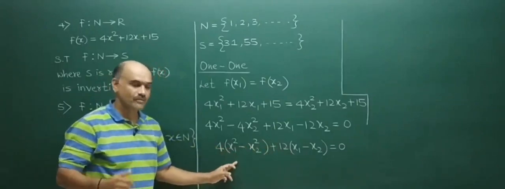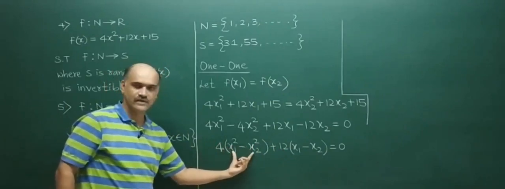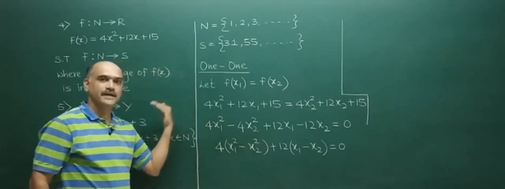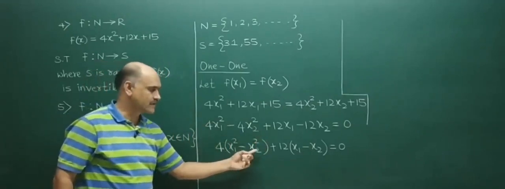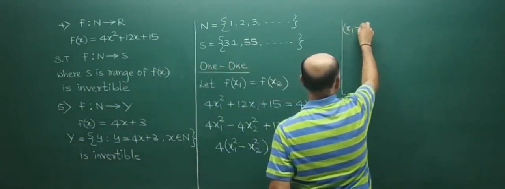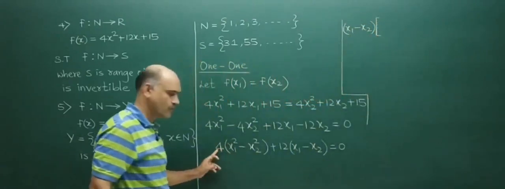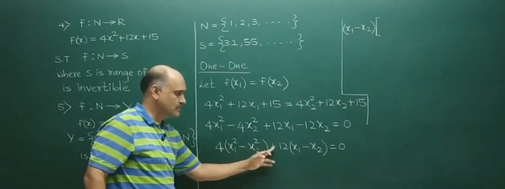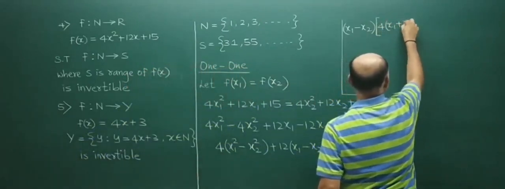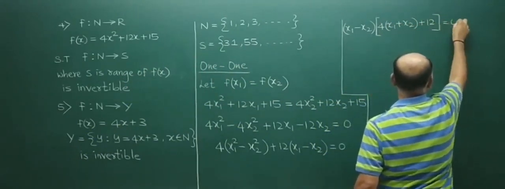I can take common x1 minus x2. This is in the form of a square minus b square, so (a plus b)(a minus b). I am taking a minus b, that is x1 minus x2, common. So what remains? Here 4 times (x1 plus x2) plus 12 is equal to 0.